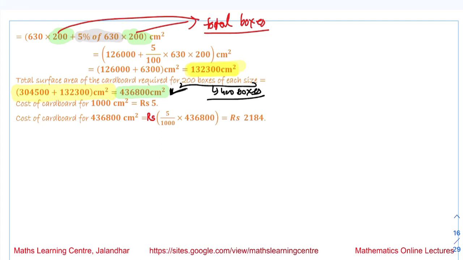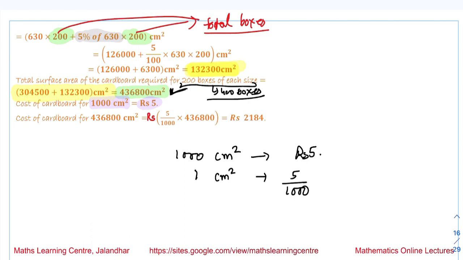Now the cost of cardboard, which is given to us, is that for 1000 centimeter square the cost is rupees 5. So for 1 centimeter square the cost will be 5 by 1000 rupees.